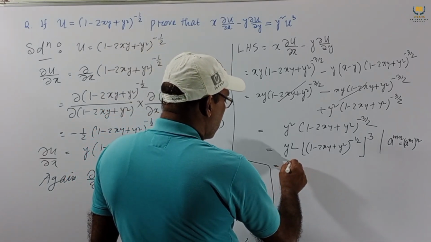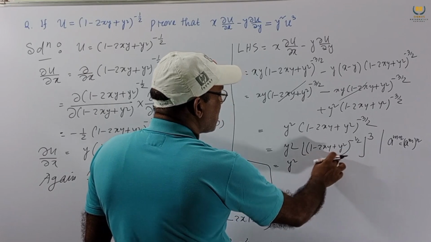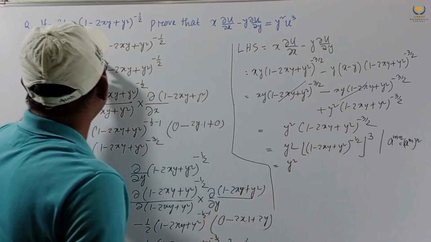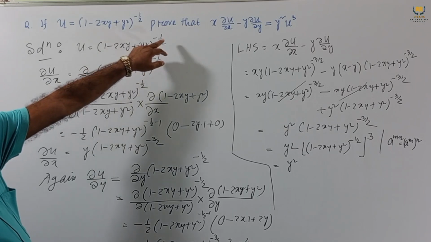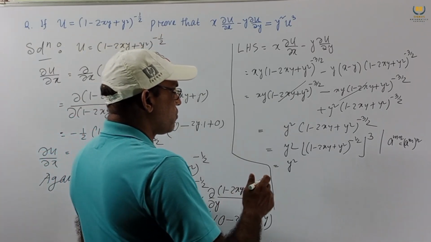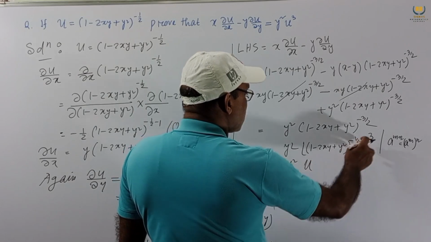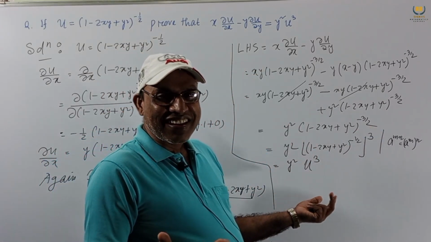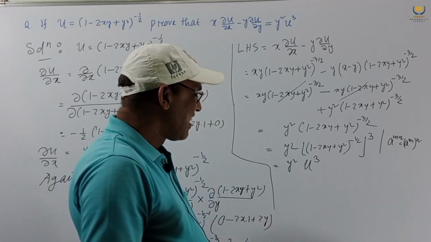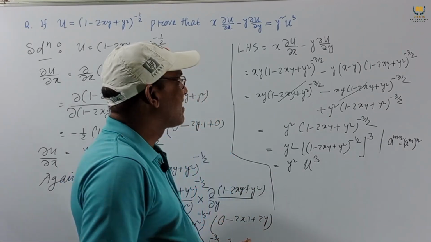And this one y square, and this is nothing but our u. U means (1 minus 2xy plus y square) whole to the power minus half. So this will be u, and this is whole cube. We get our right hand side. Ultimately we get our right hand side.